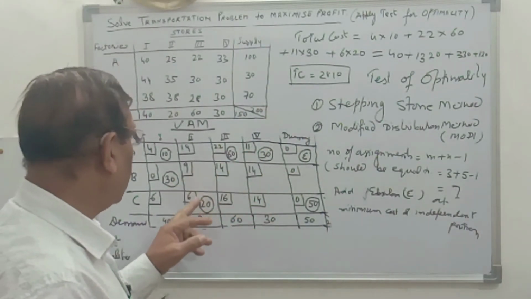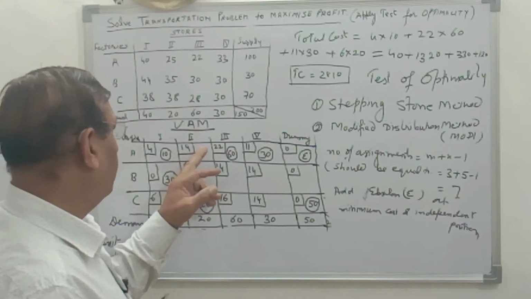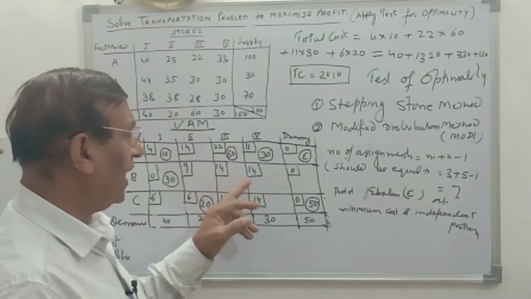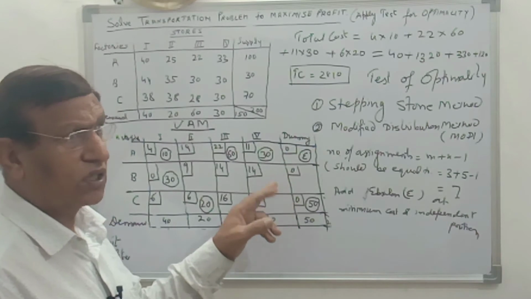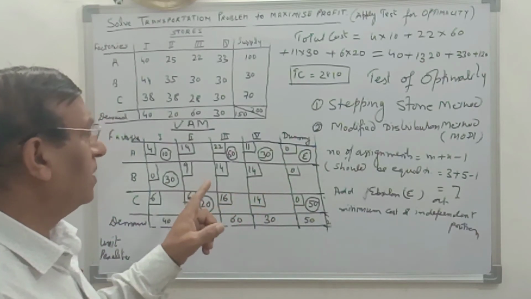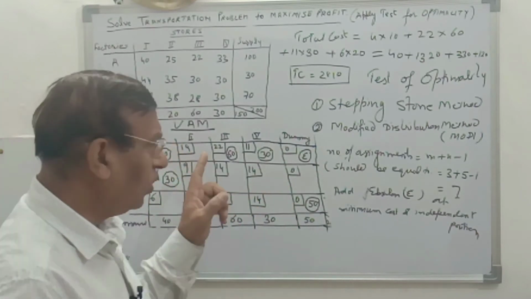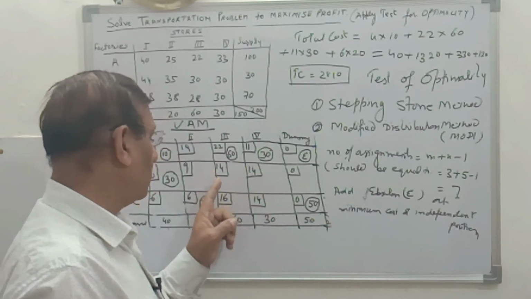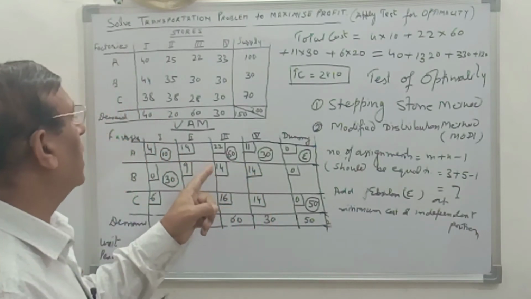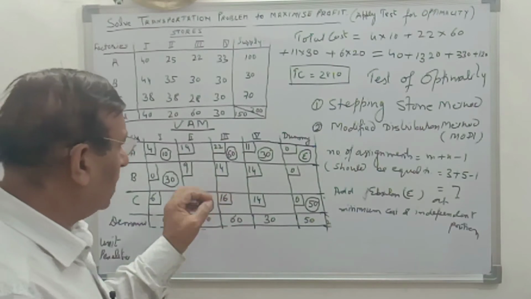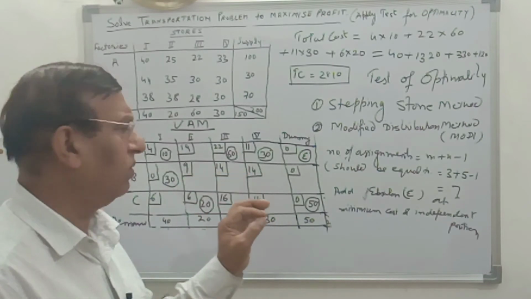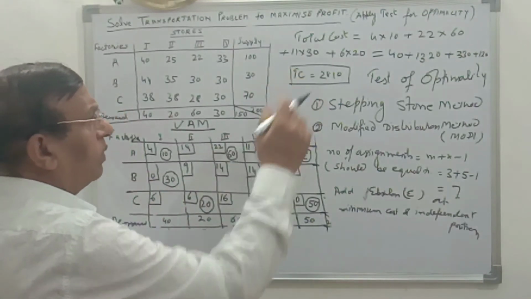So we have to check whether, in the blank cells, there is any negative opportunity cost. It means the most negative opportunity cost has to be assigned some number. So it's a very particular technique of reaching the optimum solution.